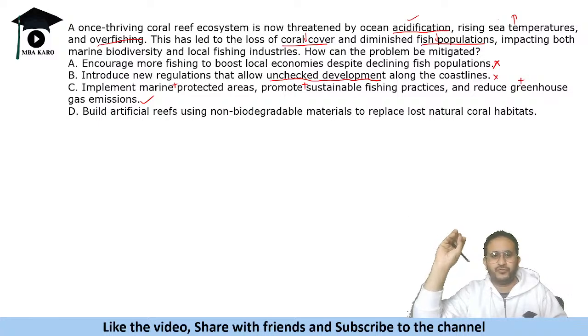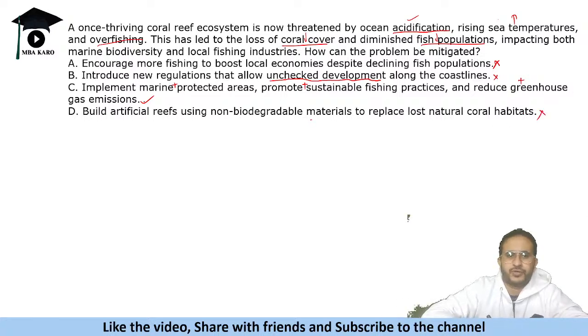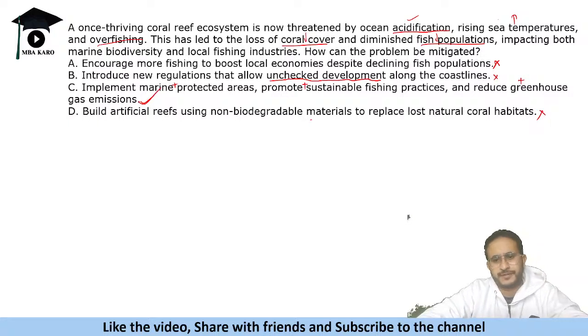If you say let's build some artificial coral reefs, that is never going to replace the natural coral reefs. Second thing, this point also covers fishing. Two things are being impacted: coral reefs and fishes. It talks only about the coral reefs. So, anyways, this is the best option out of the given options.